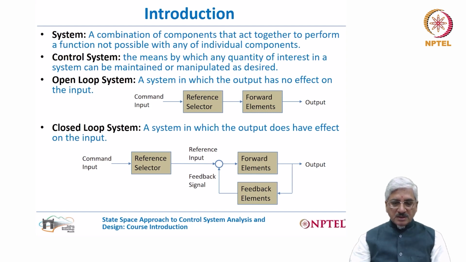So in a closed loop system, there is a provision of feeding the output back to the input side, and the output does have effect on the input. The difference between the reference input and the feedback signal, that error or actuating signal, enters the forward elements and the desired output is produced.